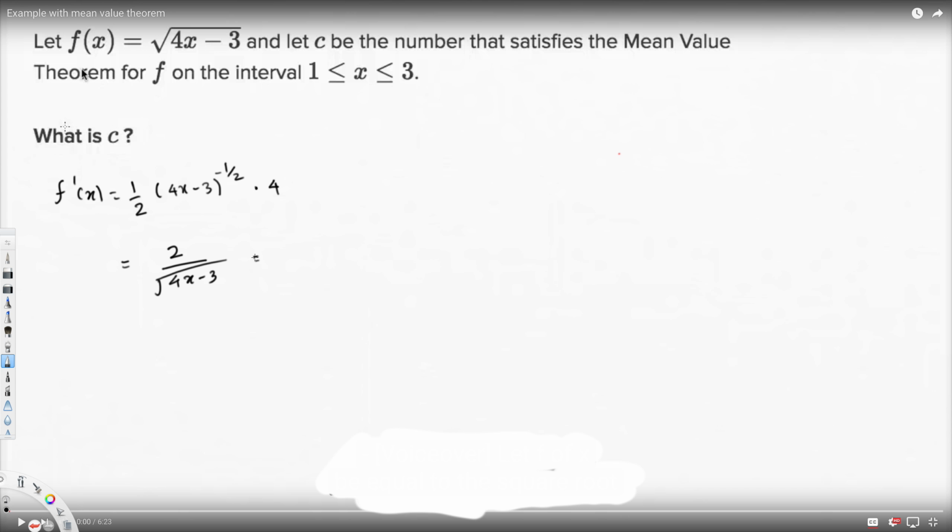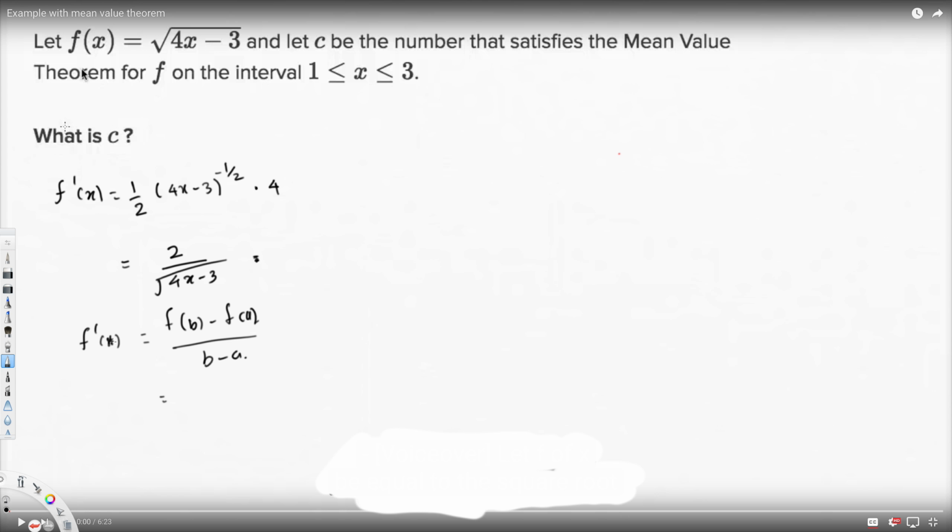However, we need this derivative anyway, because according to the mean value theorem, if it satisfies the theorem, then f'(x) is equal to f(b) minus f(a) over b minus a. In this case, x is actually c.